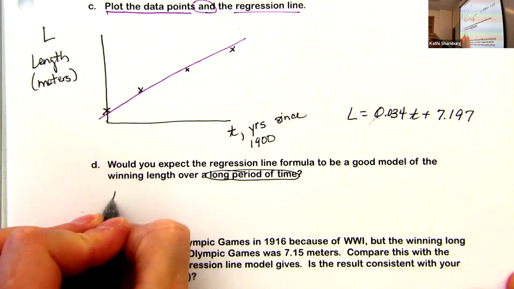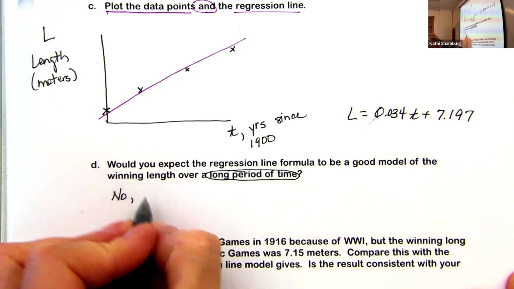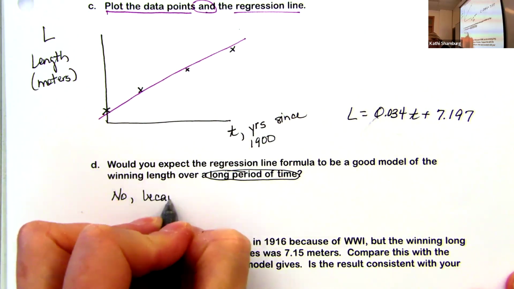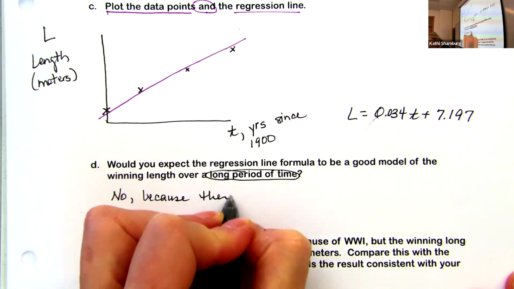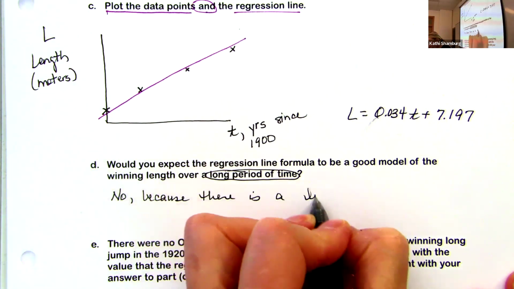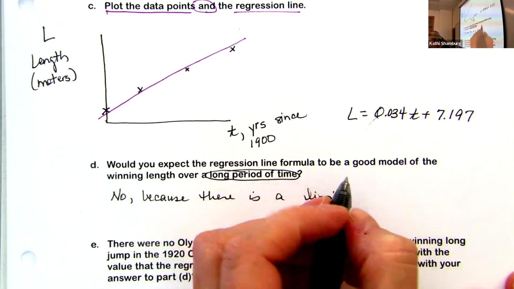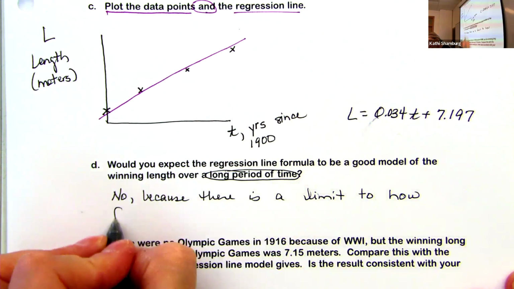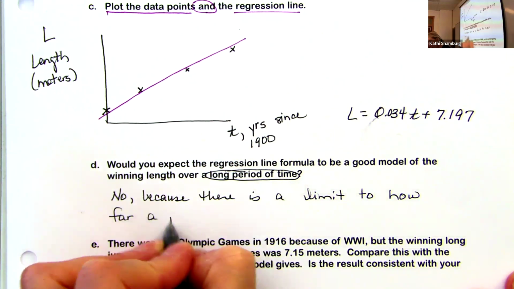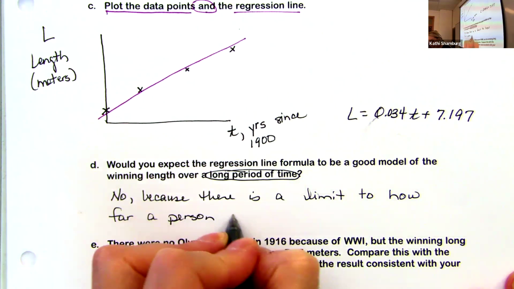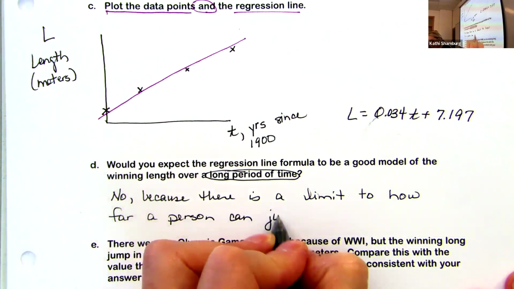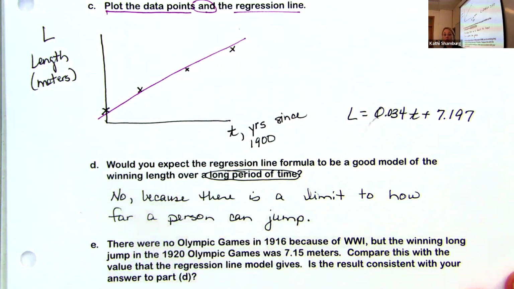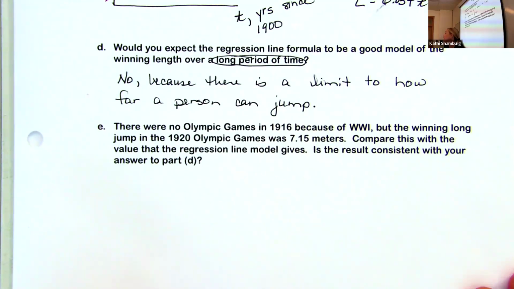So the answer to this would be no, because there is a limit to how far a person can jump. And like I said, regardless of whether it's 1968 or 1991, that record has held. And so it has not continually gone up.